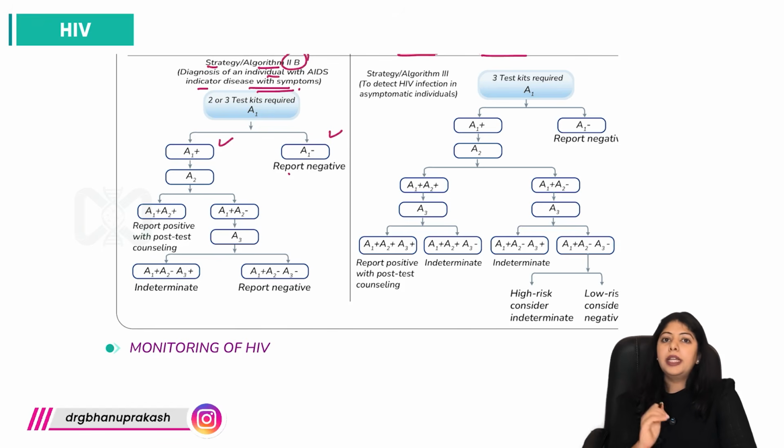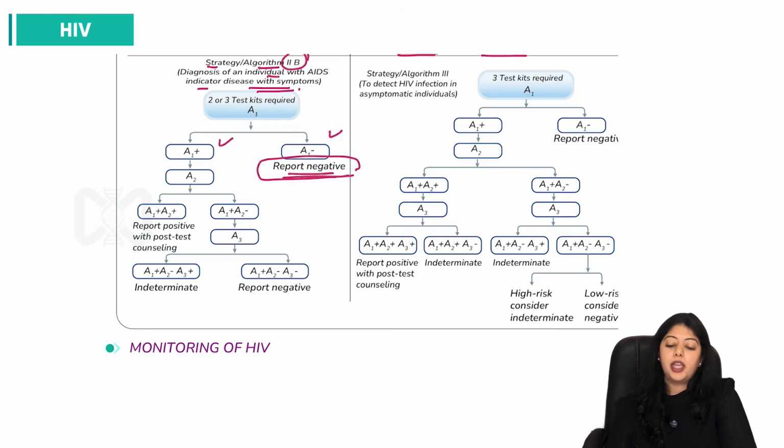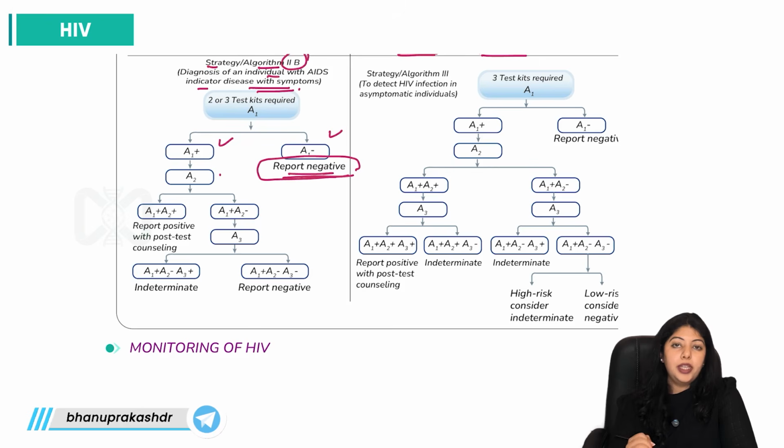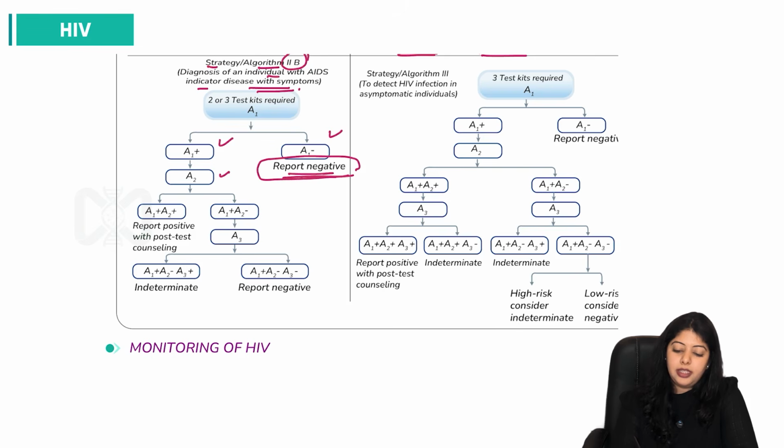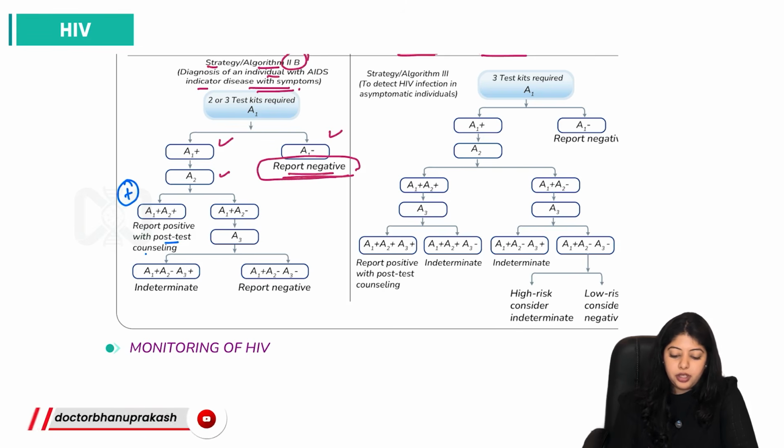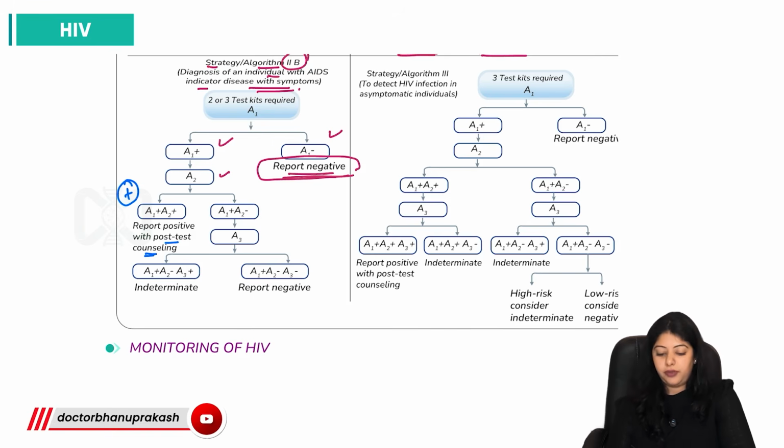If the first test comes out to be negative, we are going to report it straight away as negative. Whereas the next step which we'll be doing is the second test, A2. If A1 and A2 both are coming out to be positive, then we will report this test as positive and we will send the patient for post-test counseling as well.